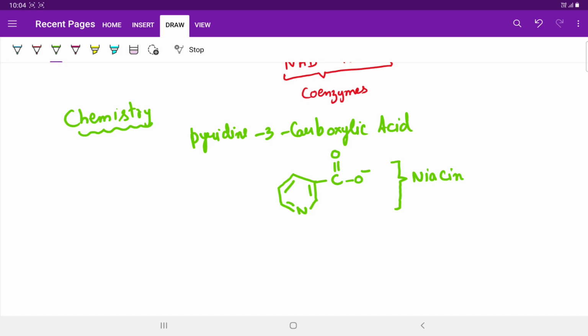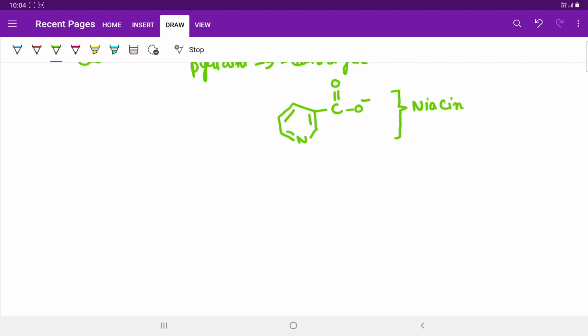First of all, the niacin is to be converted into nicotinamide. See here how niacin is converted into nicotinamide.